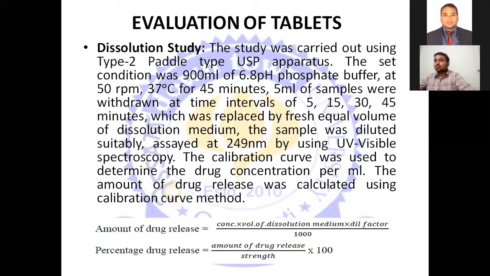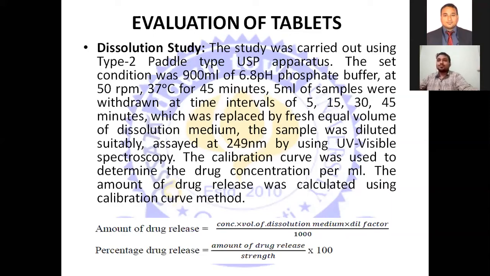There are 2 types of dissolution apparatus: one is paddle type and another one is basket type. The rotation of the paddle is 50 rpm and we have to maintain the sink condition, that is 37 degrees Celsius. We are taking samples for 45 minutes.